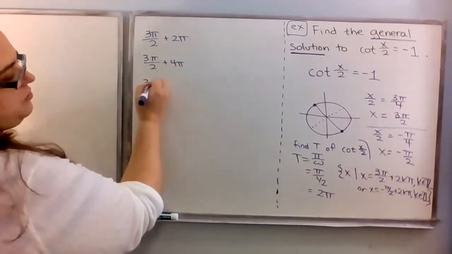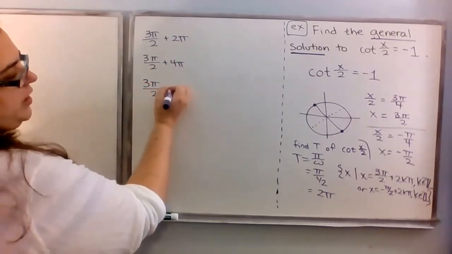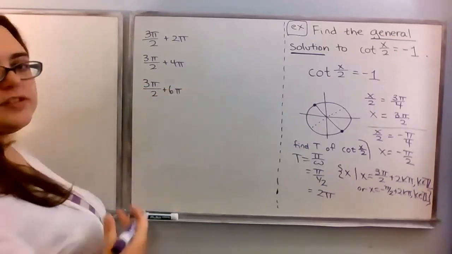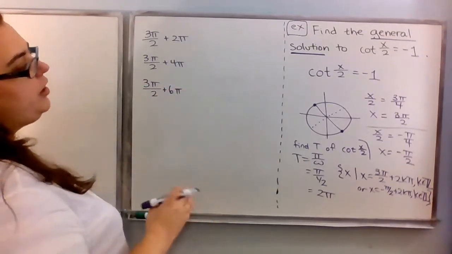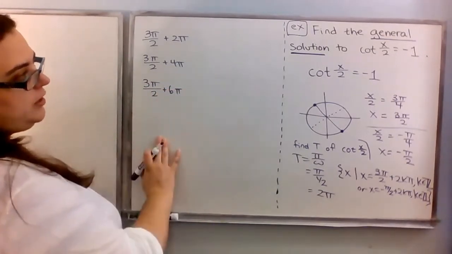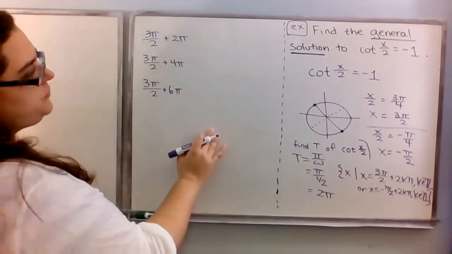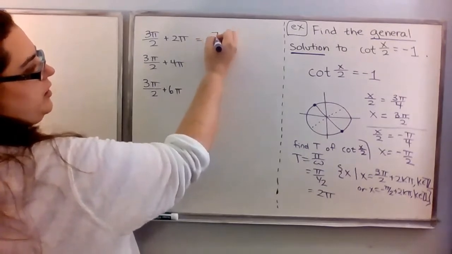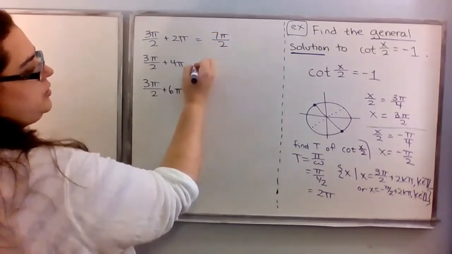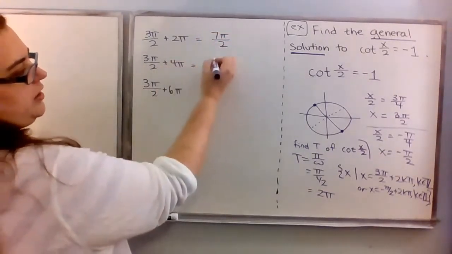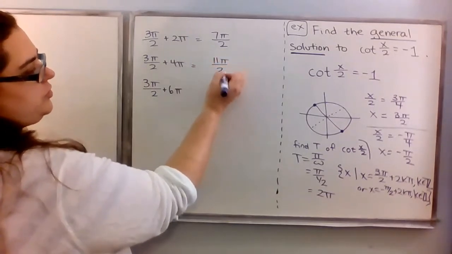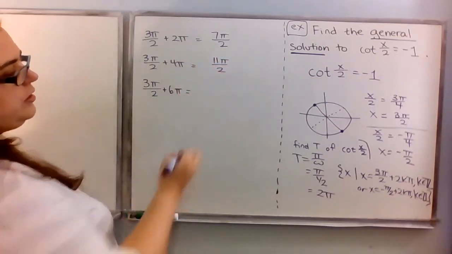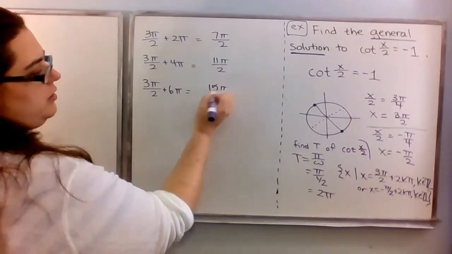If k is 3, then I would add 6 pi, and so on. So I could think about any patterns I'm noticing when I list out these values. For example, this is going to be 7 pi over 2. This will be 11 pi over 2. And this one will be 15 pi over 2.